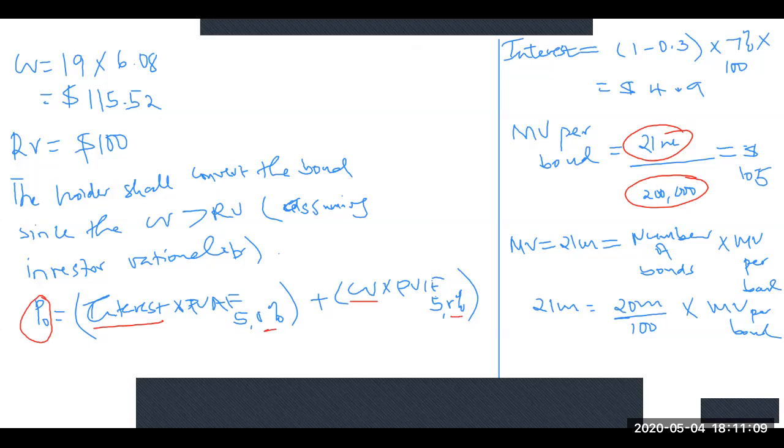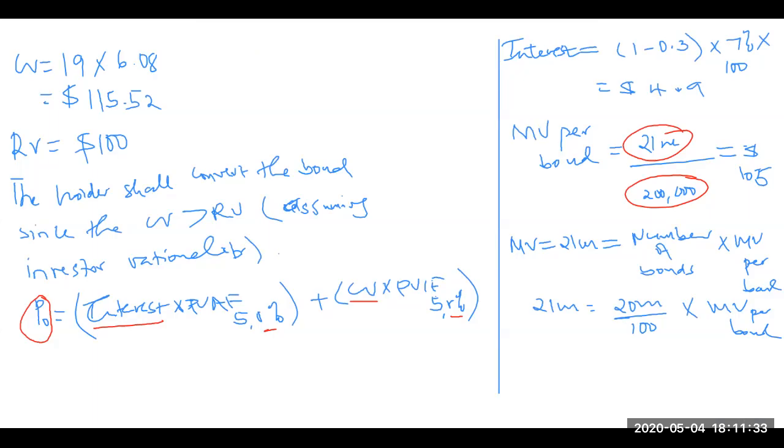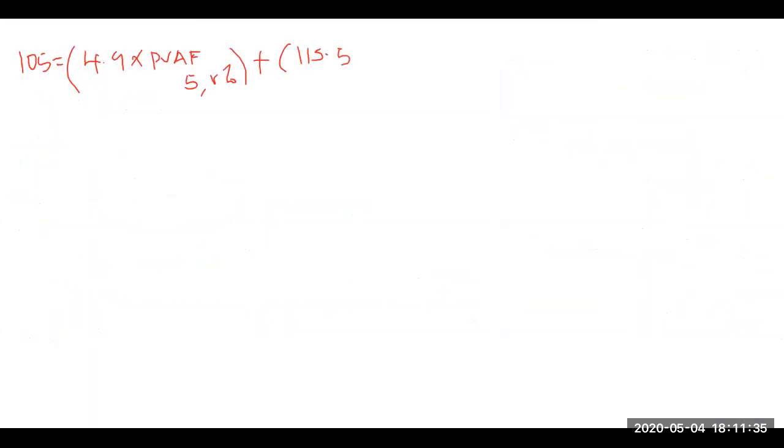So P naught is equal to 105, which is equal to the interest, 4.9, times the present value annuity factor for 5 years at R%, plus the conversion value, which we got as 115.52, times the present value interest factor, 5 years, R%.